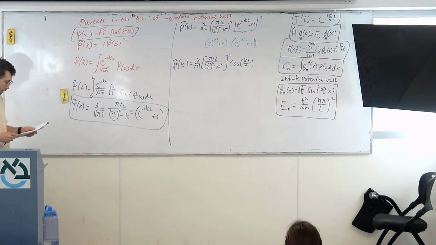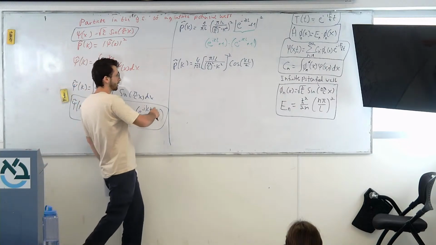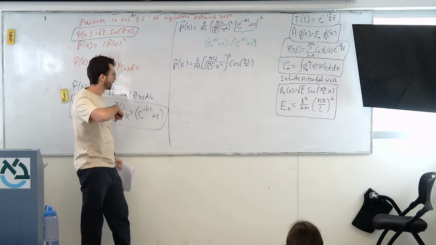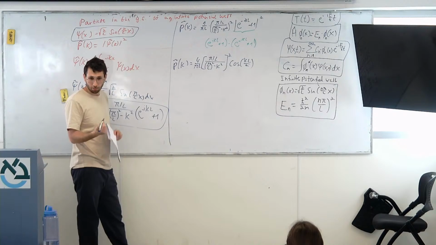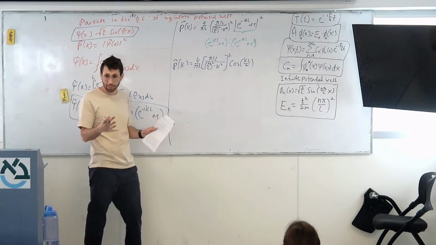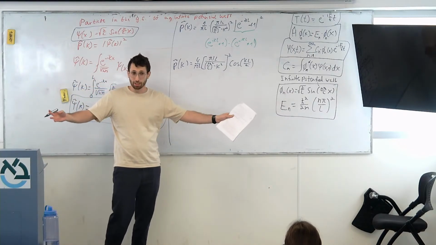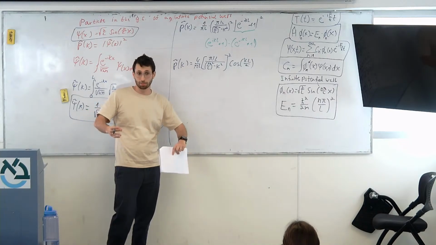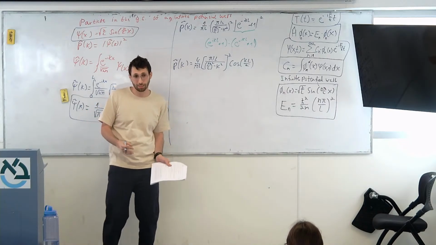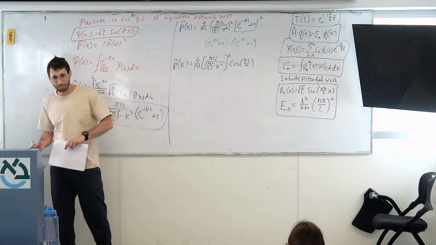Let's talk about it a little bit. We can say p of k is symmetric in k, so p of k equals p of minus k, which makes sense because if we have symmetric boundary conditions, you would expect the momentum to have the same probability to go to the right as going to the left.